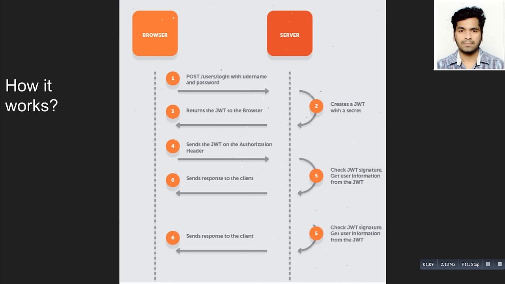Any request from here on from the browser should have the JSON Web Token as part of the header in an authorization key format, and the server will validate the header, take the JSON Web Token out of the header, and validate it. If the JSON Web Token is not expired and is a valid token, then it sends a response back to the client. If the token is invalid or expired, the server sends a corresponding error response code back to the client.